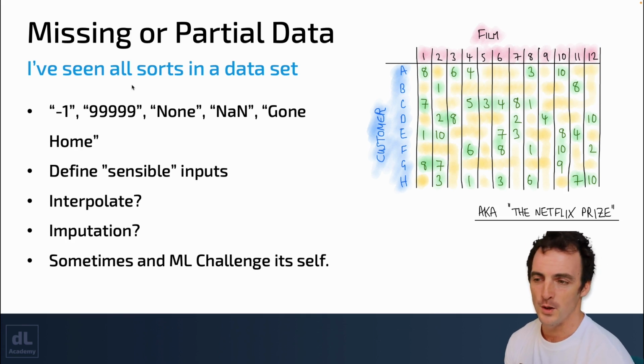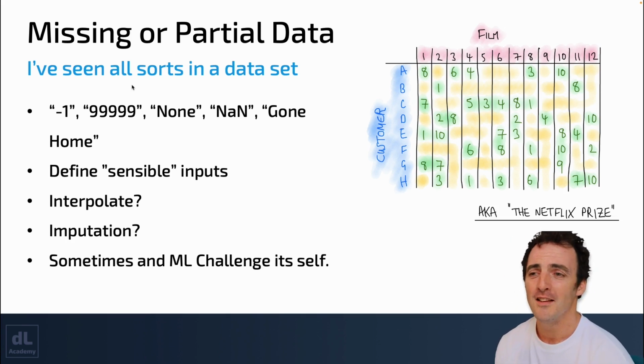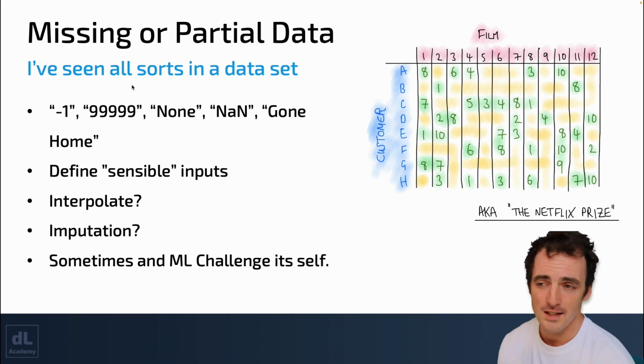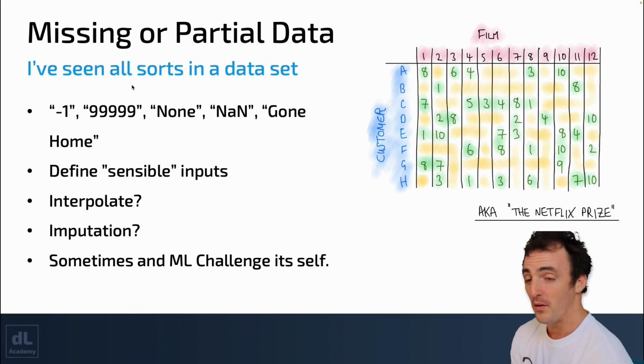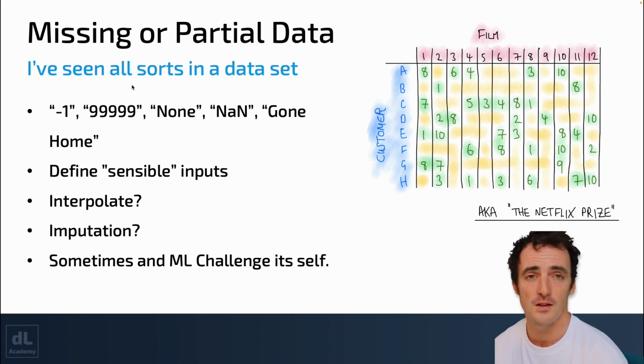And you have customers, and each of the customers only watch a selection of those films, and they rank them out of 10. Now, what you want for a recommender system is you want to know, over the ones that, say, customer A hasn't seen, you'd like to give a predictive value about what they might give as a score out of 10.